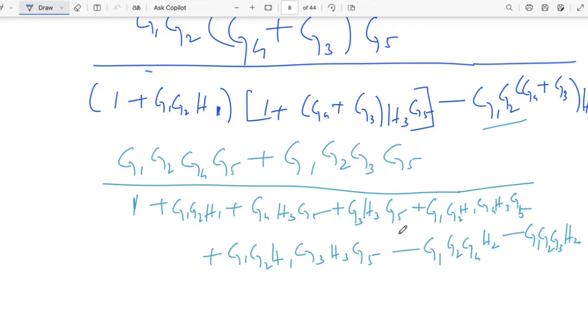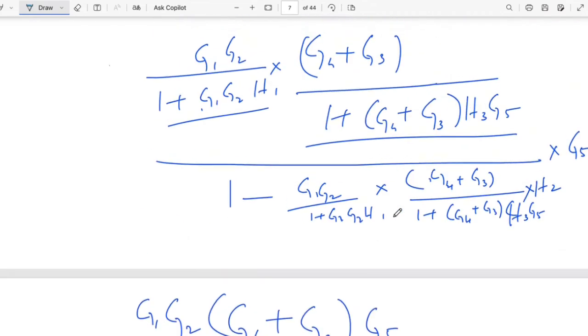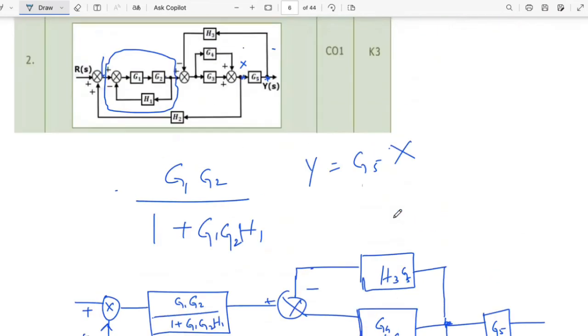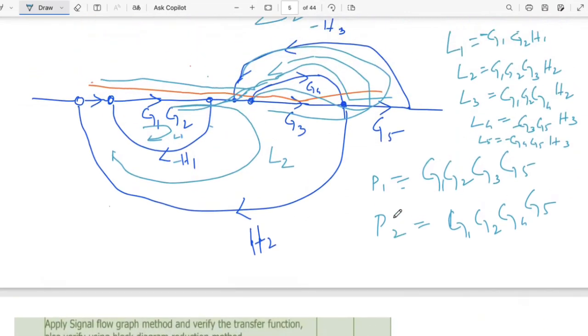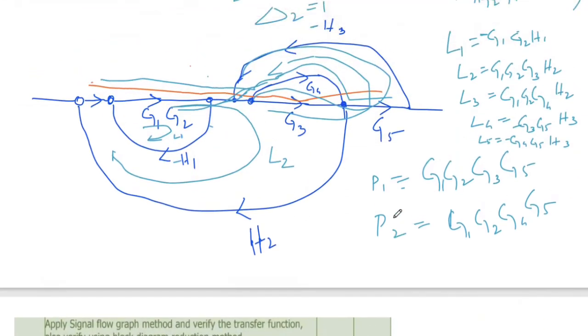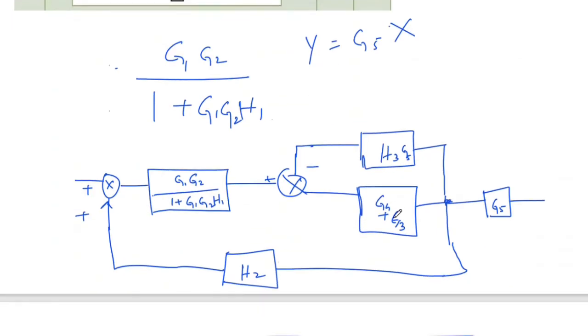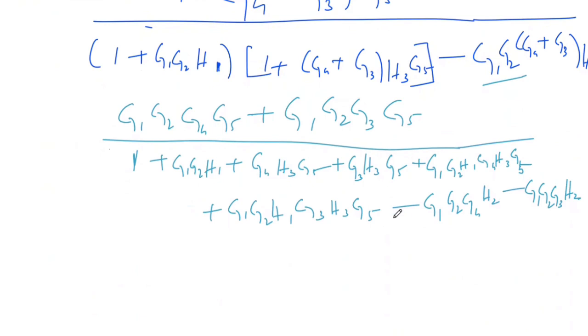So let us see whether it's matching. G1 G2 G3 H2, G1 G2 G4 H2. These two are matching. This belongs to L2, this L3. Okay. Then we got L1. Then L4, L5. What is L4?